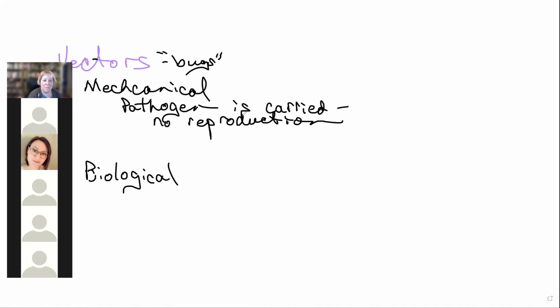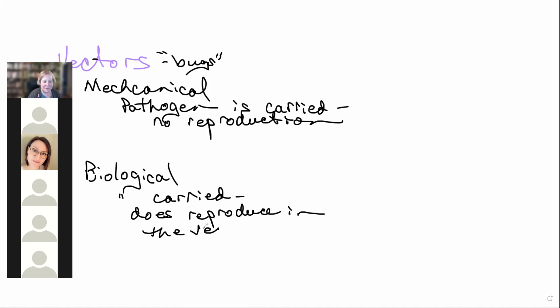But biological is where the pathogen is carried, and it does reproduce in the vector. Here are two different examples. Here is a mechanical vector.